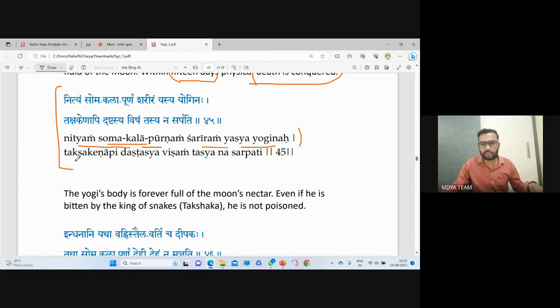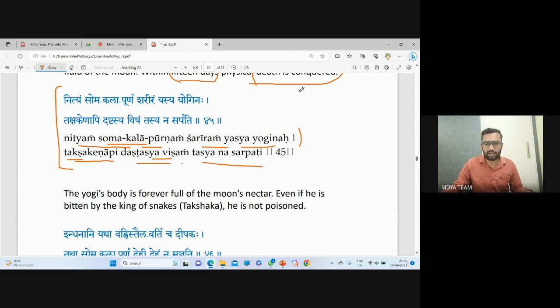And in that situation, Takshakenapi Dashtasya Visham. Takshak snake is a very dangerous snake. If Takshak is biting the yogi, then also there is no effect of the poison of Takshak on the yogi.